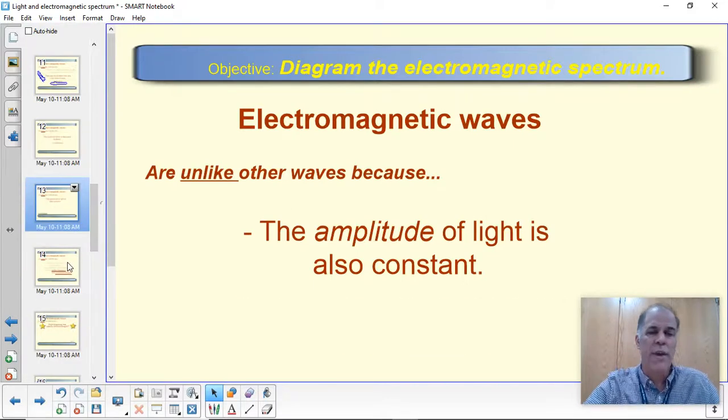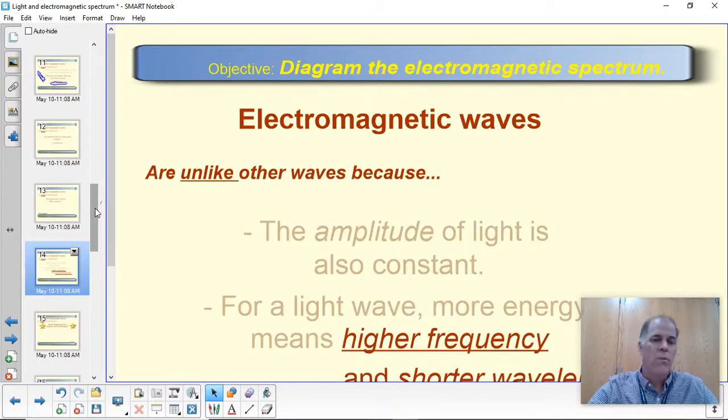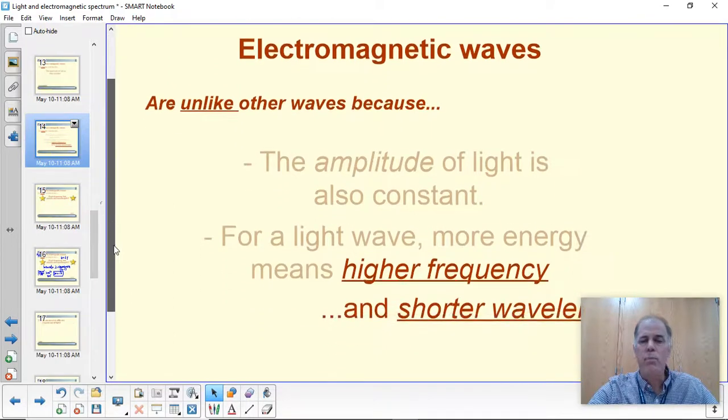So how does energy manifest itself? Well, it happens with higher frequency. So a light wave that has more energy has a higher frequency and consequently a shorter wavelength, as we'll see in just a second. This is what I want you to remember. High energy light waves have a high frequency and a very short wavelength.